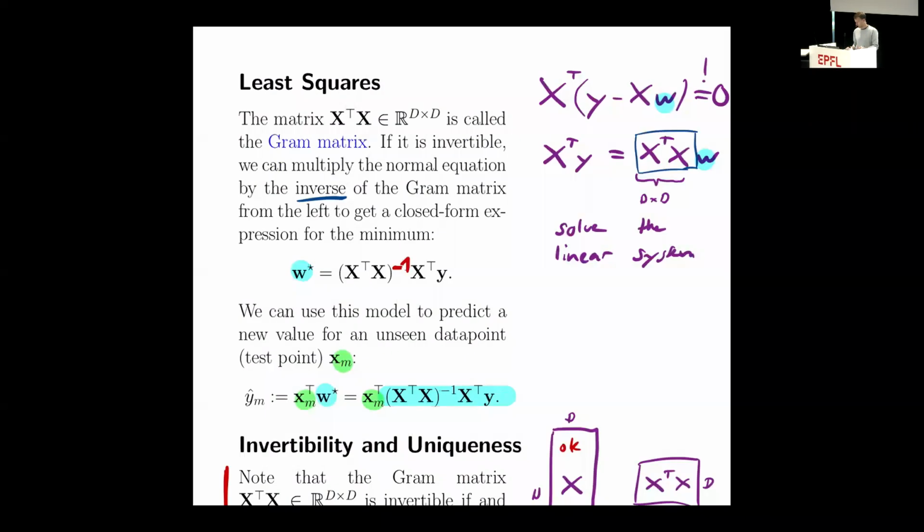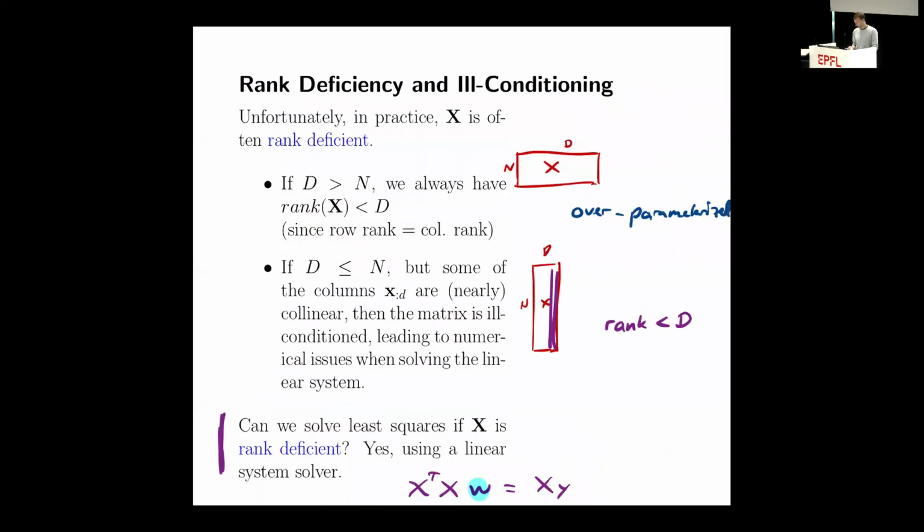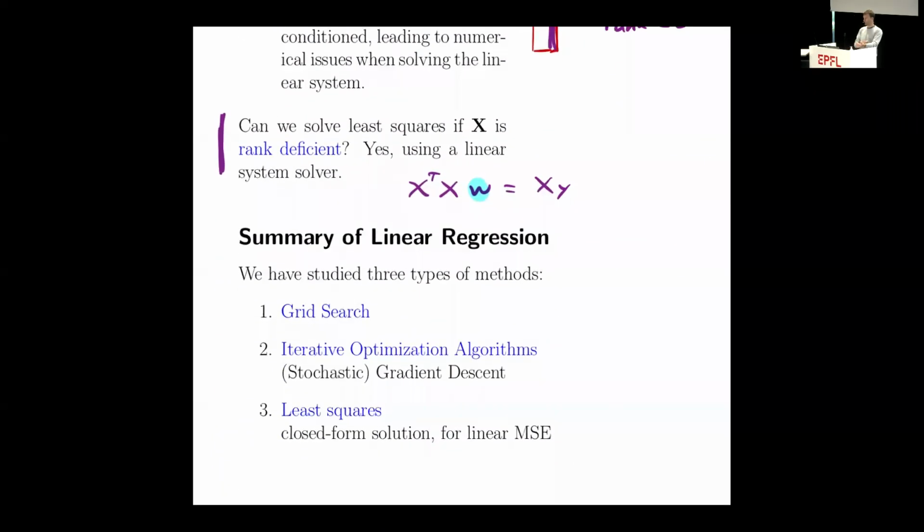There might be several, right? But it's never the case that there is no solution. That's actually a special property of this system here. If you would just ask this, then it could be that there is no W which satisfies that it's exactly Y, right?